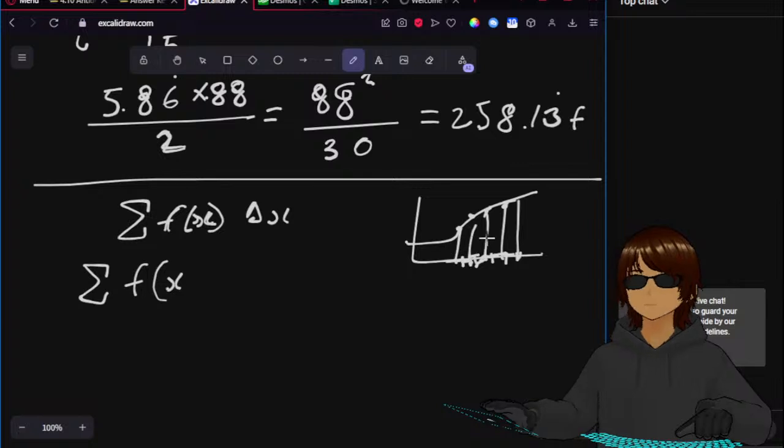This times delta x, this times delta x, this times delta x. We are summing up the areas, the approximate.